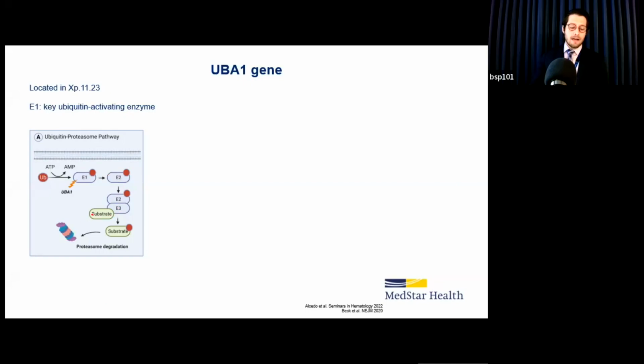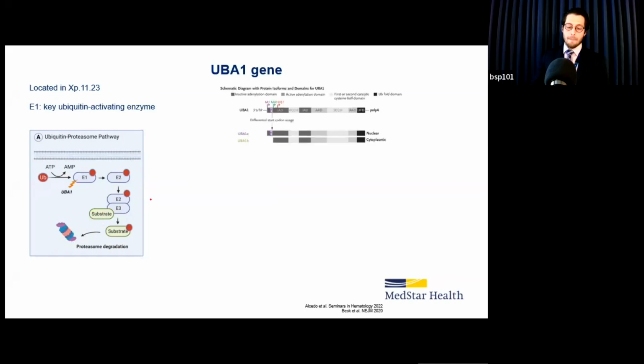What it does is that it targets certain types of protein, and that's what ubiquitination is, to lead them to be degraded in the proteasomes. So if this pathway is not functioning, there's going to be a lot of accumulation of proteins that are supposed to be degraded, and this will lead to increased inflammation, oxidative stress, and therefore all the changes and manifestations that we're going to see in the patients.